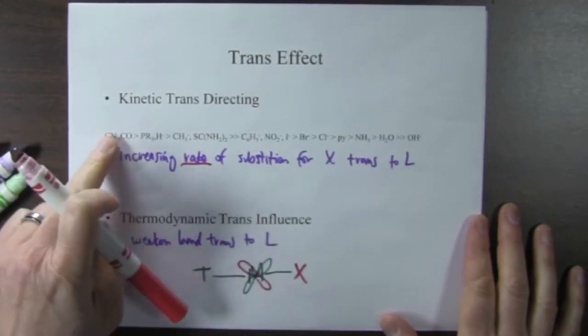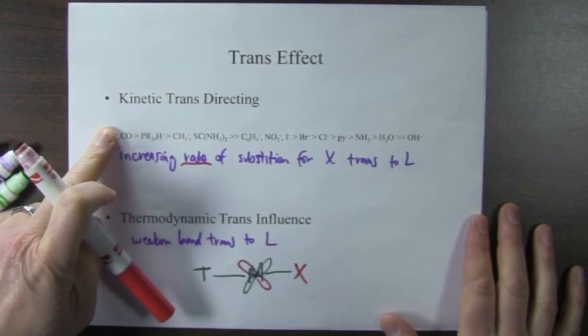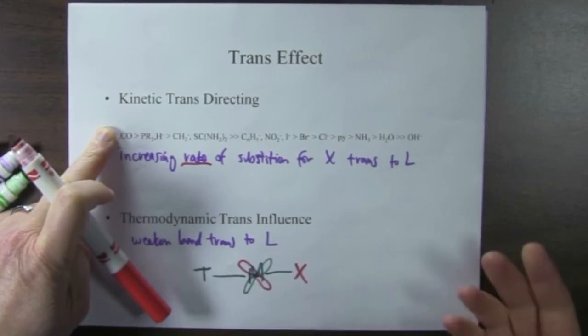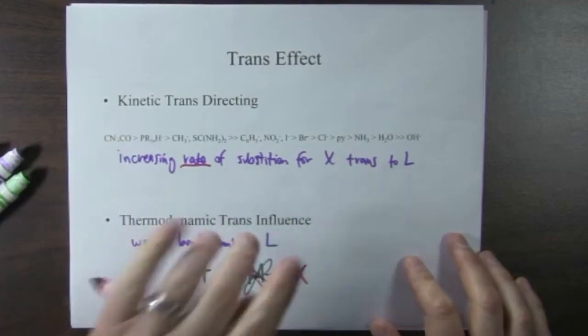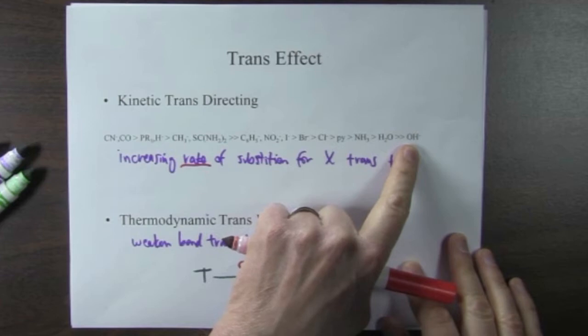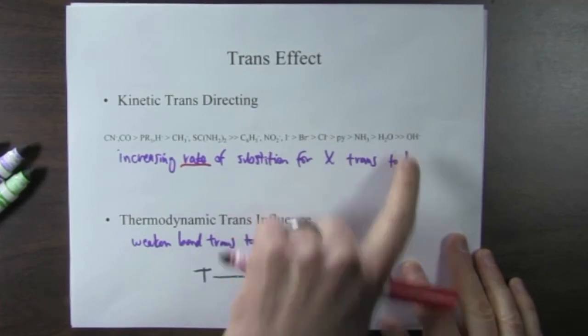Therefore, for example, if carbon monoxide is in a square planar complex, it will cause the ligand trans to it to be quickly substituted, whereas hydroxide in a square planar complex will cause the ligand trans to it to slowly be replaced.